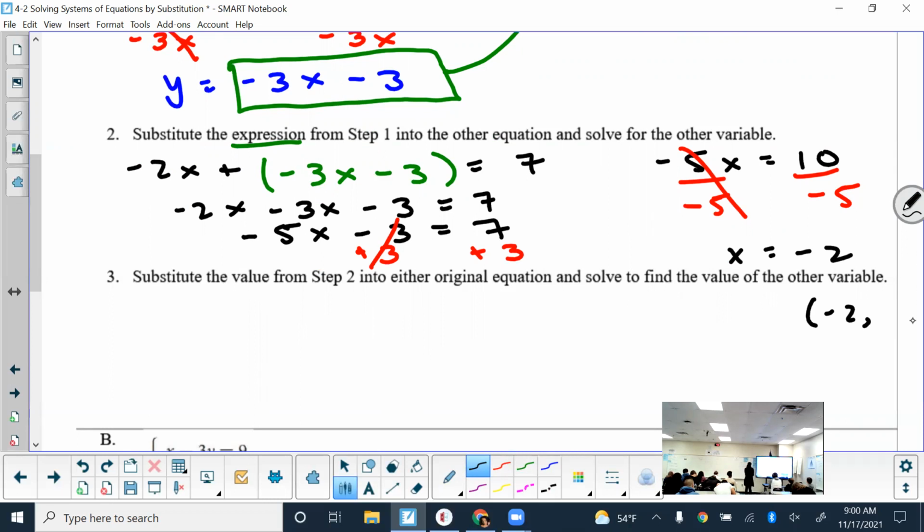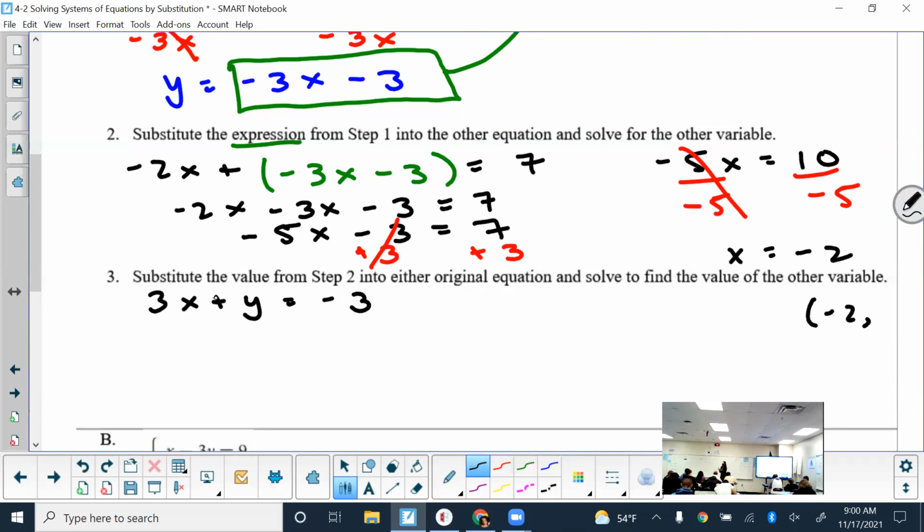Plug in that x equals negative 2 into either original equation. So it doesn't matter which equation, top or bottom. All right, I heard top first. So that one was, what was it? 3x plus y? Good, so that was one of our original equations.